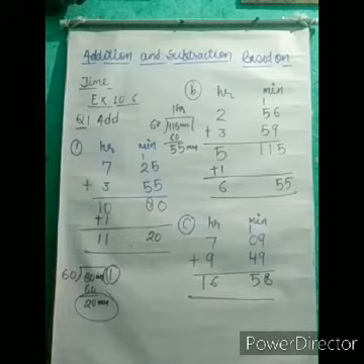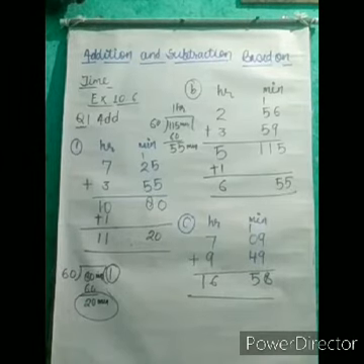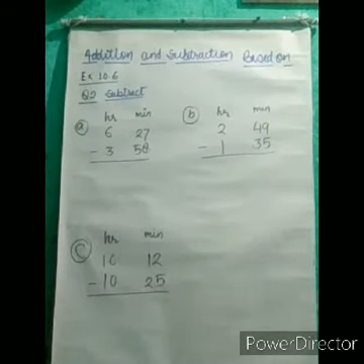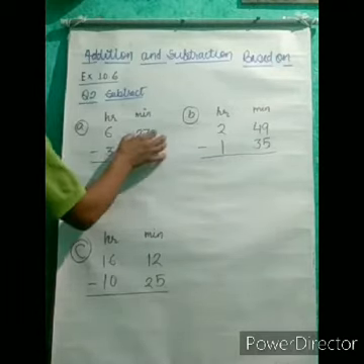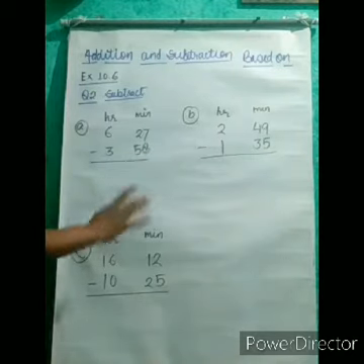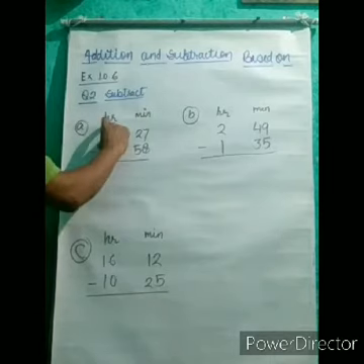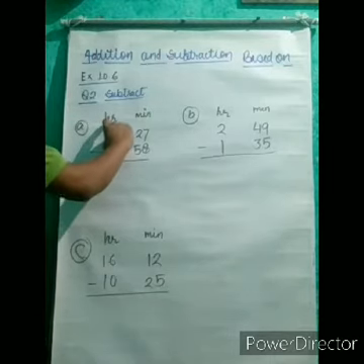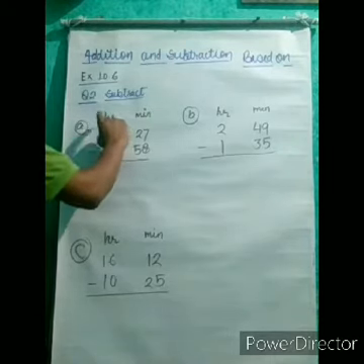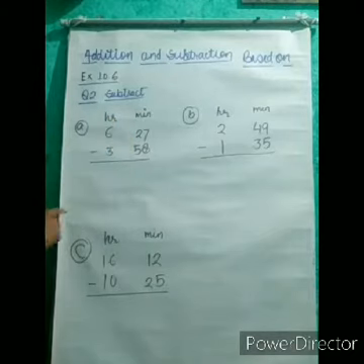Now we will do question number 2, subtract. This is question number 2 of exercise 10.6. How to subtract it? You can see here that from 27 we cannot subtract 58. 27 is minutes, so we need to take a borrow from 6, which is hours.